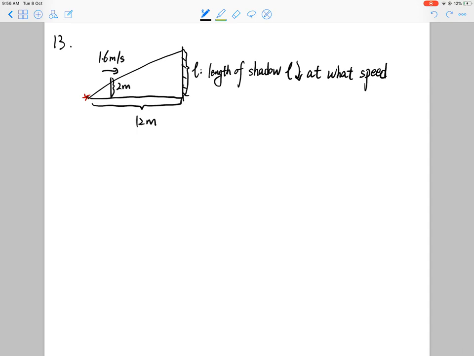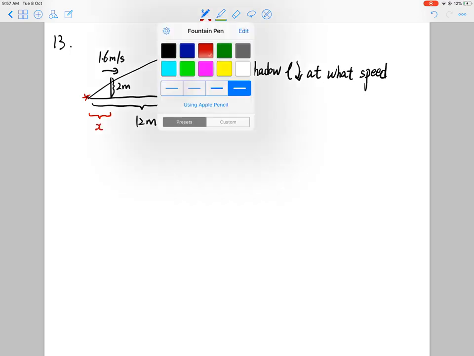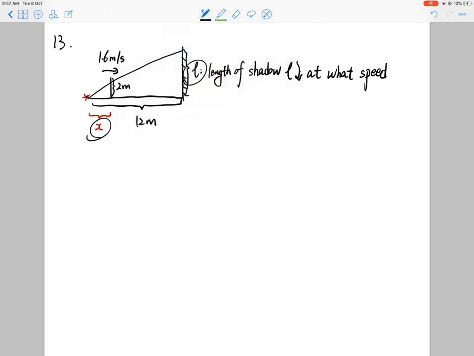So in general, let's talk about the speed of the shadow decreasing. Again, you have to figure out the relation between L and this guy. Let's call this part X, the distance between the guy and the spotlight. So what's the relation between X and L?